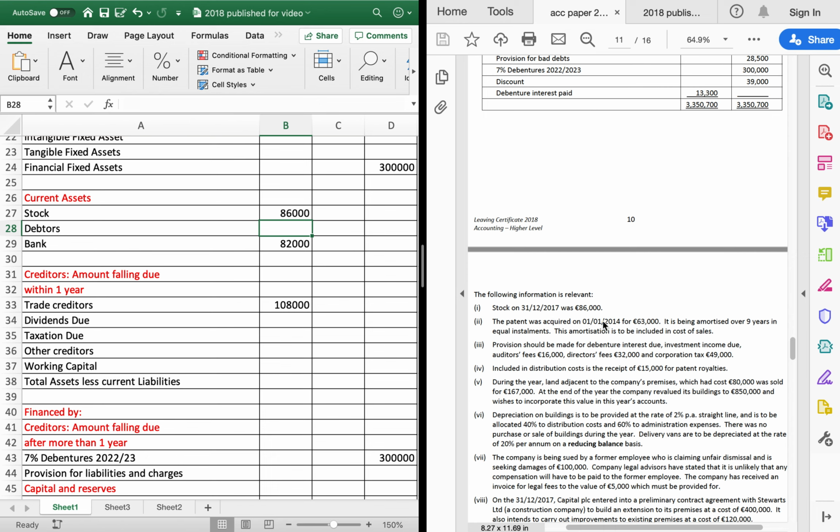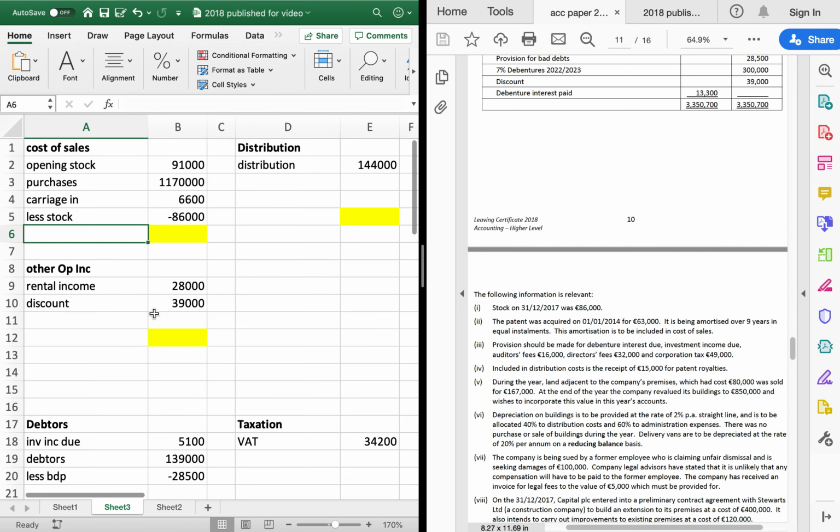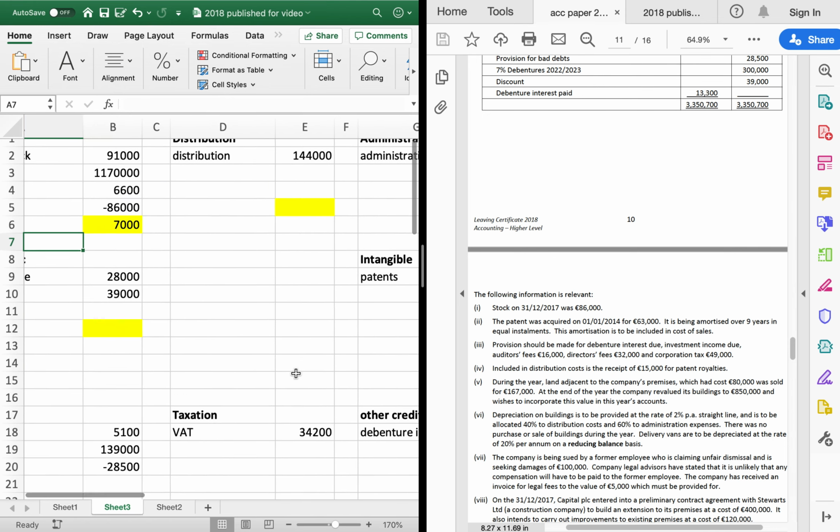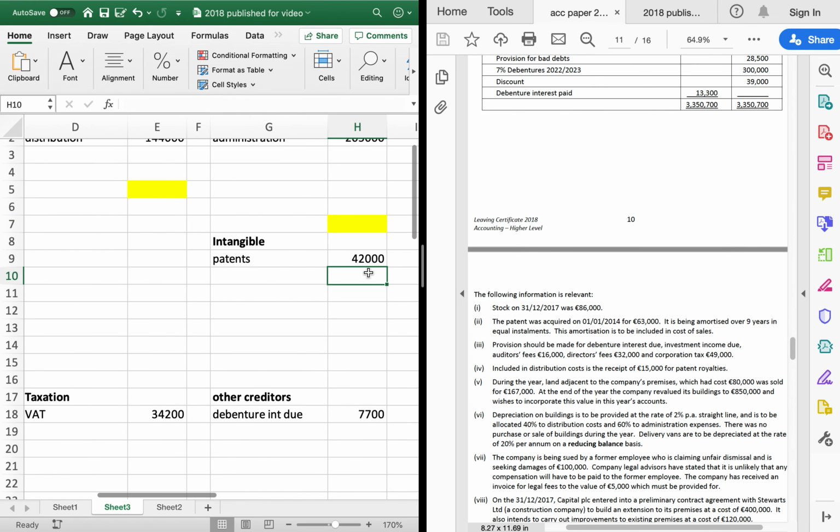So 63,000 divided by 9 is 9 sevens or 63. So 7,000 is our patent written off, and it's telling you that that has to be included in cost of sales, and then these go down by 7,000 here. And that's 35,000. I know what the answer is there. Okay, so that's that one.